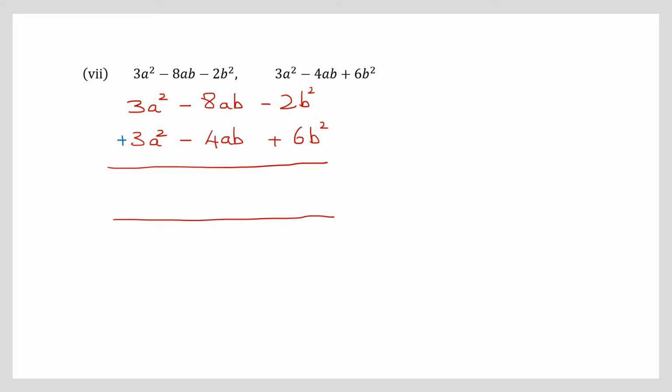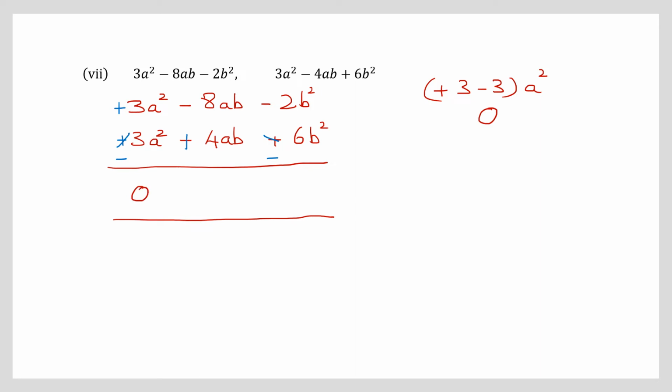So before itself, let me write plus for these two. Plus is already there. Now that will change to minus. This will change to plus and plus will change to minus. So now let's work out these sums. So I have plus 3 minus 3a square. Remember, plus 3 minus 3 is 0. So let me write 0 there.